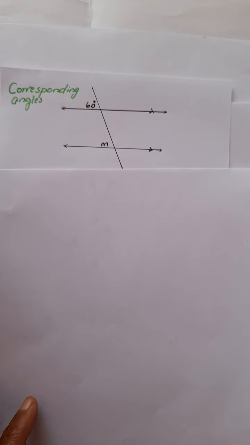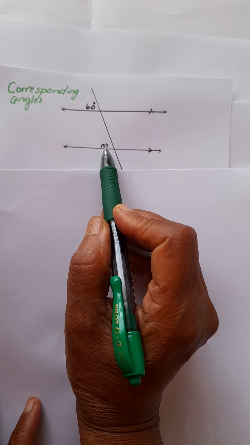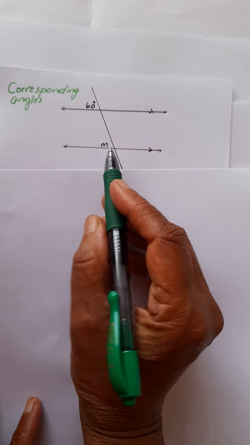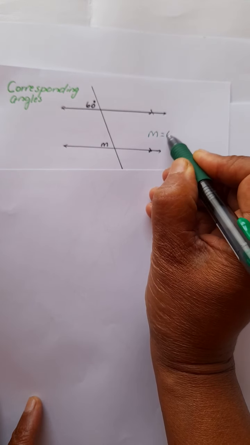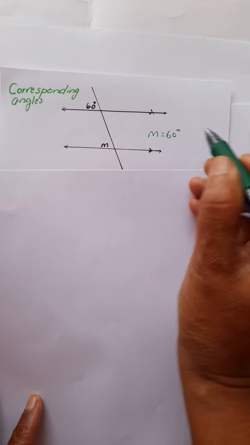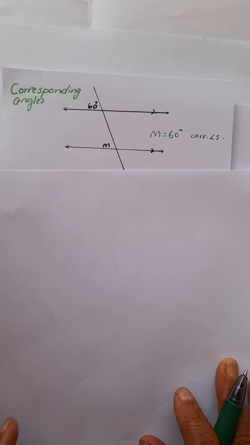The first one is corresponding angles. We are going to find the size of the unknown angle. This one is the unknown angle. So M is equal to 60 degrees. Why? Because they are corresponding angles, and corresponding angles are equal.